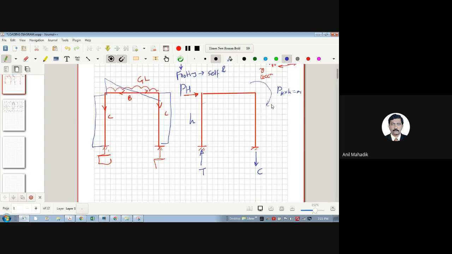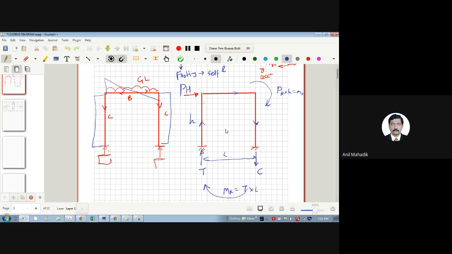Globally, I'm talking about this M overturning, and there will be a resisting moment, which will be anti-clockwise. M resisting is nothing but T into L, let's say this lever arm is L. So T into L will be the resisting moment. So you can understand even horizontal loads are transferred from beam to the column like this.